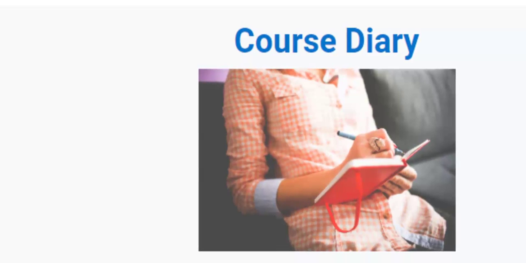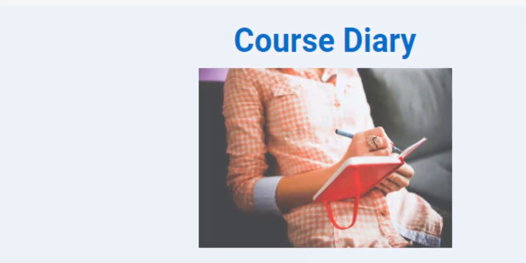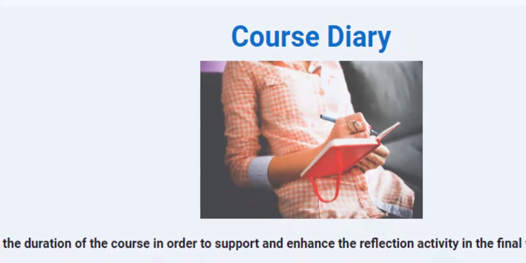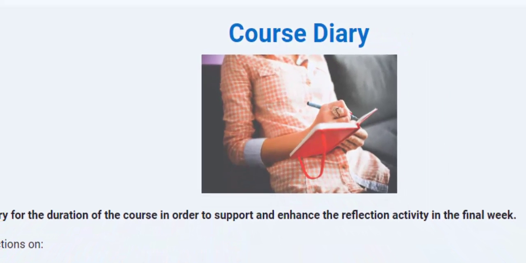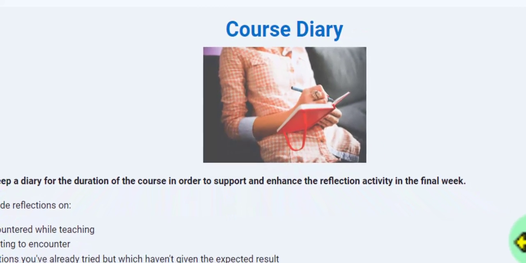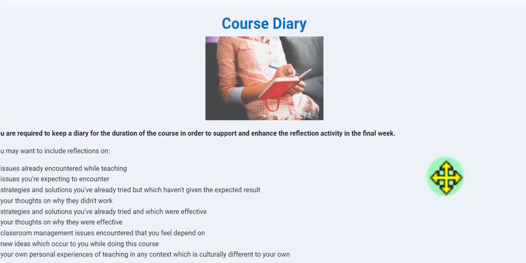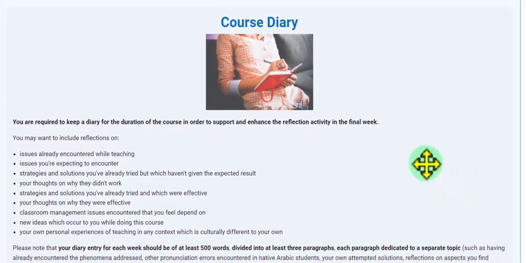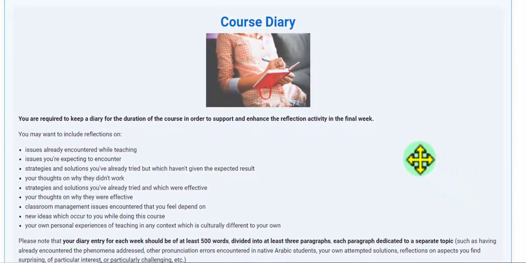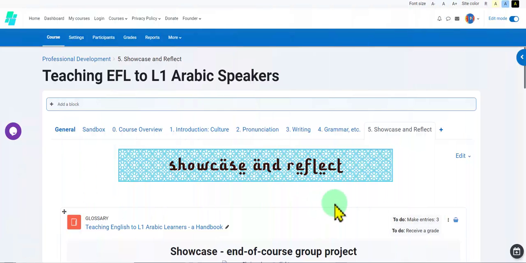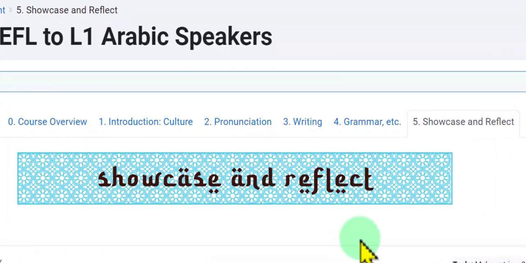In that final section, the course diary, which is a personal reflection, will be transformed into a group reflection, because these final reflections that I'll be asking my students to perform will be shared with their classmates and comments and replies and impressions will be welcomed. As I said, my final section is dedicated to showcasing and reflecting.